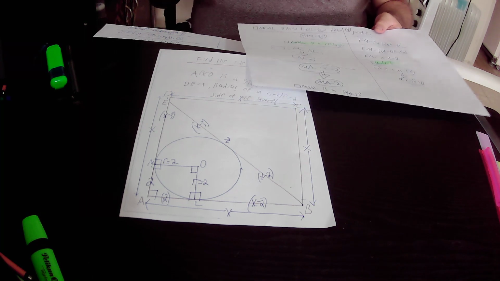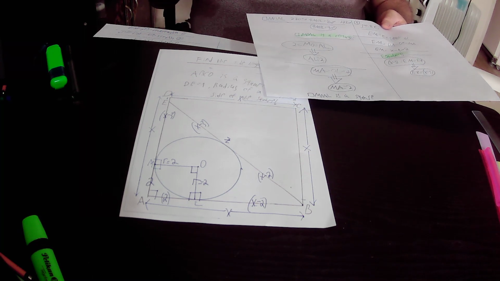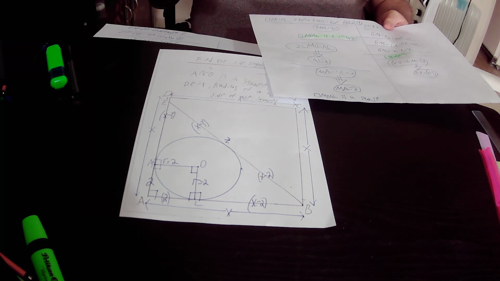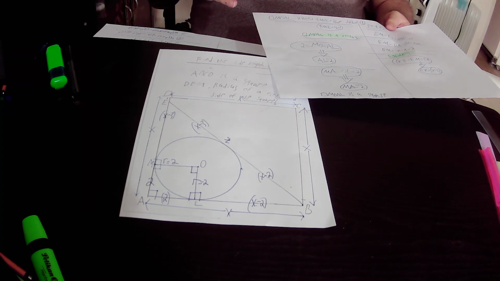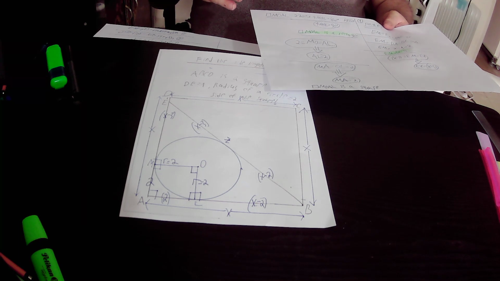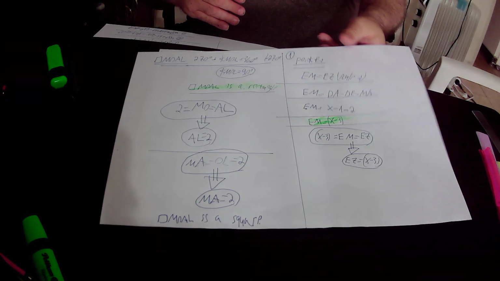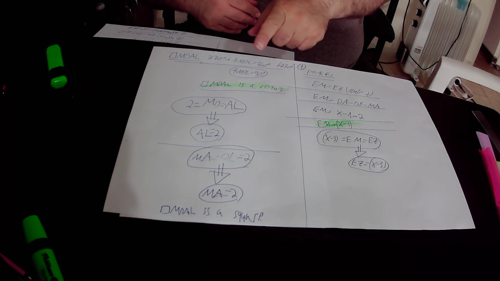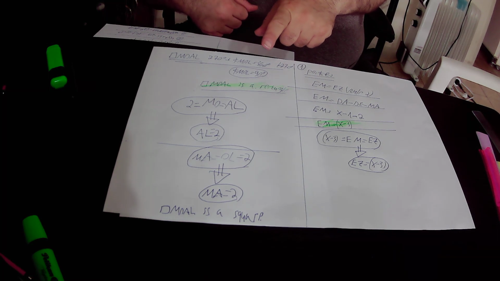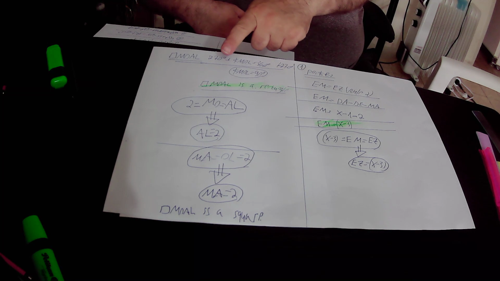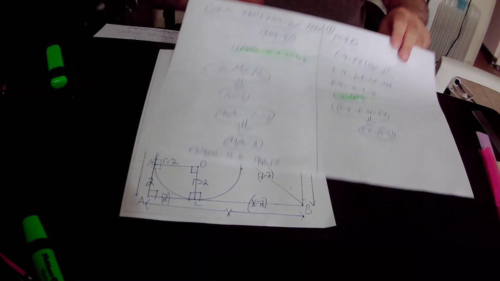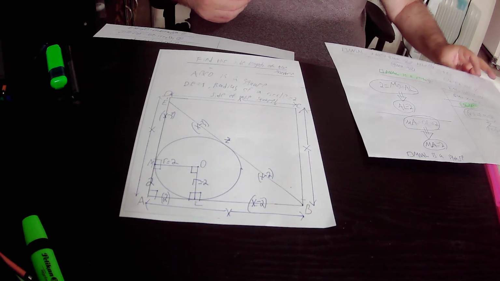Actually we found out that all the angles inside quadrilateral MOAL are right angles. Okay, any quadrilateral that has 4 right angles must be at least a rectangle. So we will treat quadrilateral MOAL, which has 4 right angles, as a rectangle. And we know that the opposite sides of a rectangle are equal to each other.